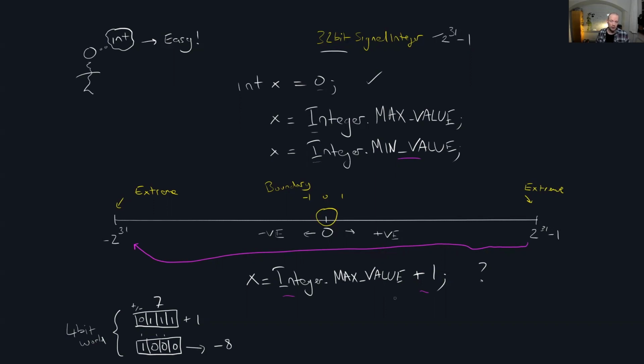You presume that because we're always adding 1 it will always be positive, but due to this overflow it flips all the way back to the largest negative value. You can work through that simple example. We know 7 is the biggest number we can have here. We add 1 to it, we carry all the 1s, and we end up with only the signed bit set, giving us this value. So this is how simply these things can happen.